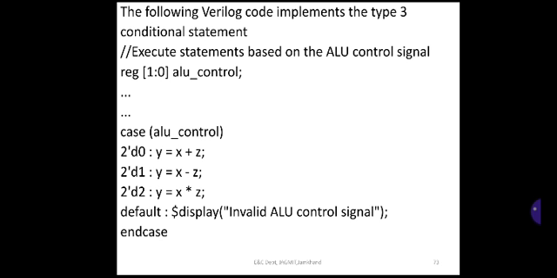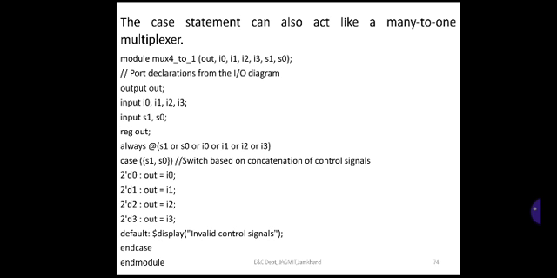That is the display function, invalid ALU control signal. That means the ALU control is neither 0, nor 1, nor 2. Other than these three values you have entered as ALU control. That's why it will display on the monitor: invalid ALU control signal. Then finally end case.